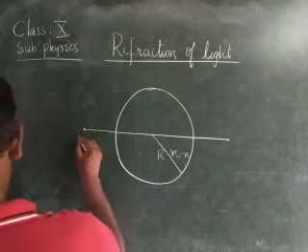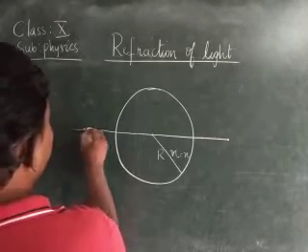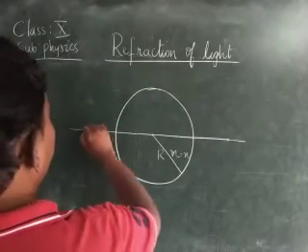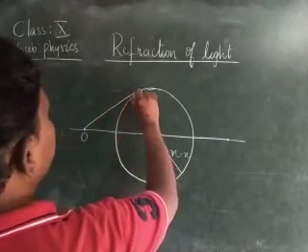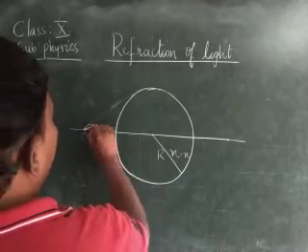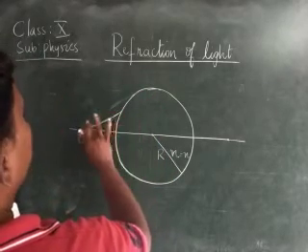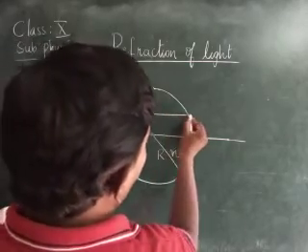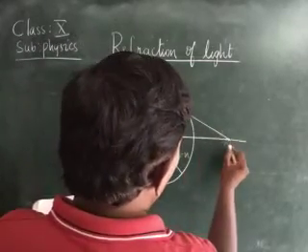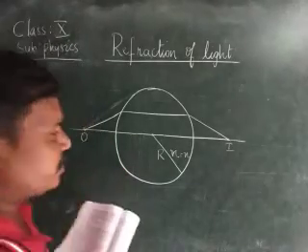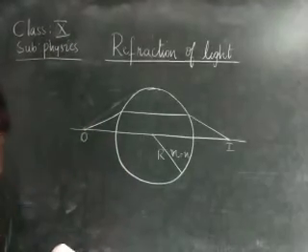Therefore here we take this as the object. When the light from the object is incident on this sphere, it travels parallel, and here the image is formed. Whatever object distance we are taking, the same image distance we should find.